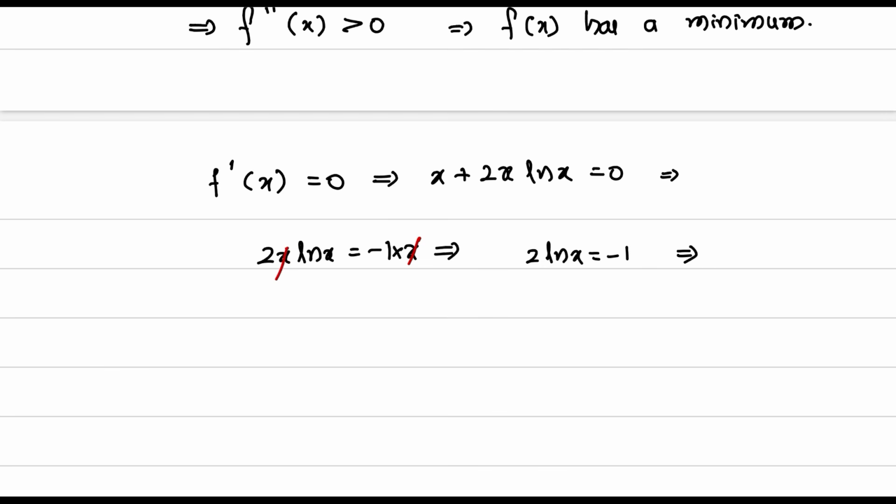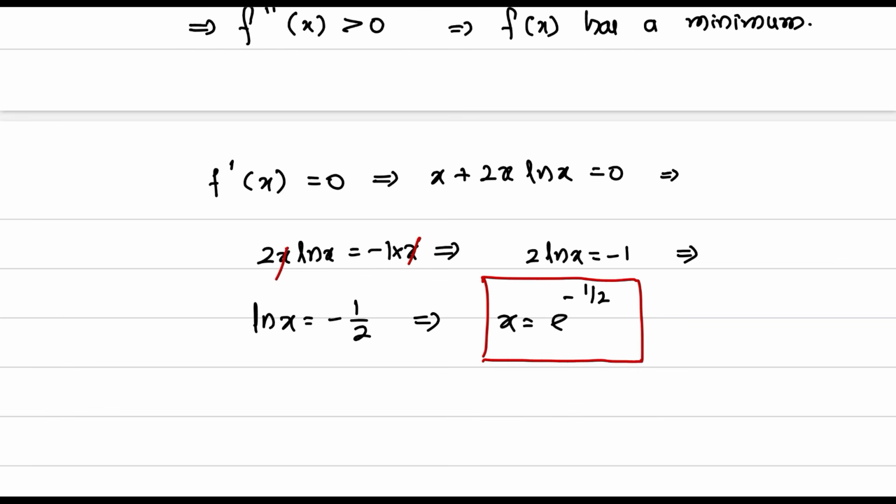That implies ln x is equal to minus 1 by 2. That implies x is equal to e to the power of minus 1 by 2. x will have a minimum value of e to the power of minus 1 by 2.